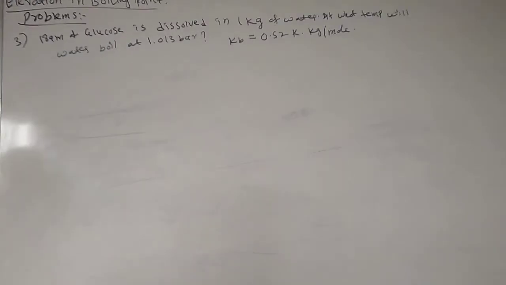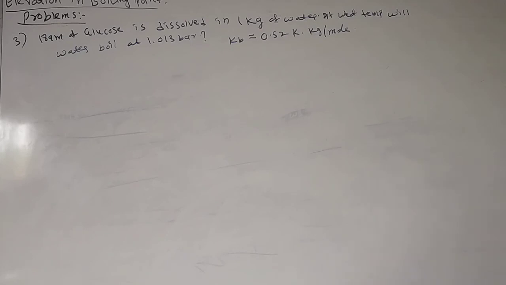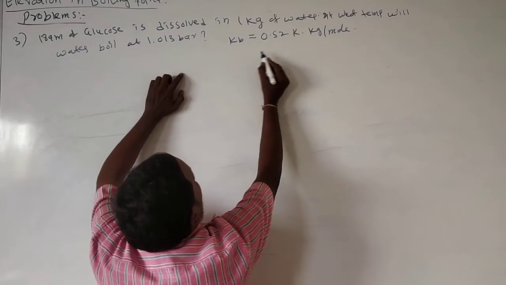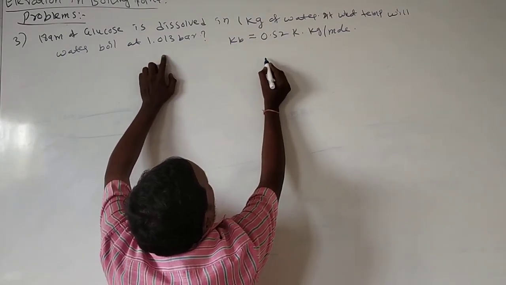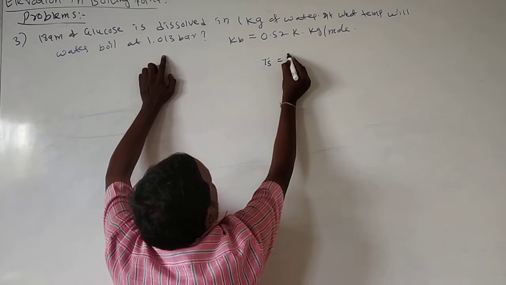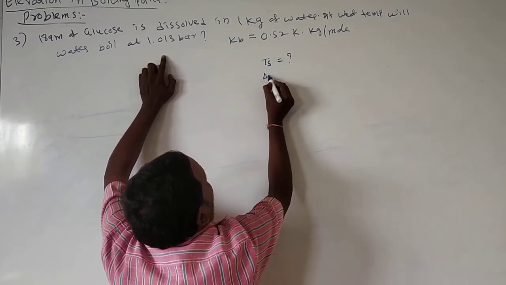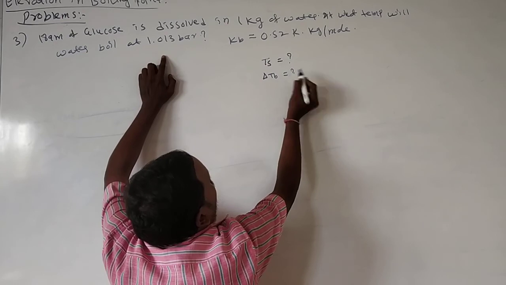Okay, what they asked: 18 grams of glucose is dissolved in 1 kg water. At what temperature will water boil? What data do they give? Ts is asked. Delta Tb we don't know.